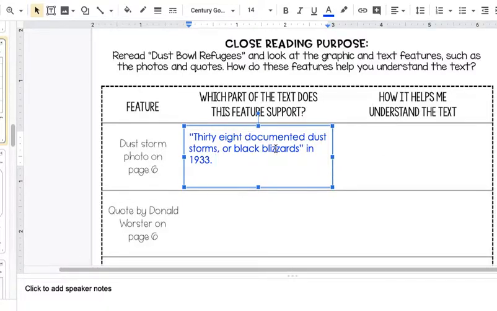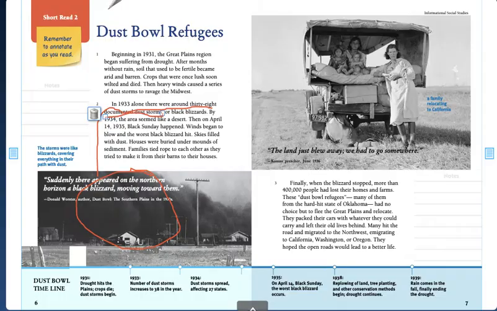Now, how does it help me understand the text? So when I look at this picture, I can really see the huge size of the storm compared to the house. Look at that. So it helps me see how scary the dust storm was. So when I read about it here, it just says there were dust storms or black blizzards. But when I see the picture, I really understand why they called it a black blizzard.